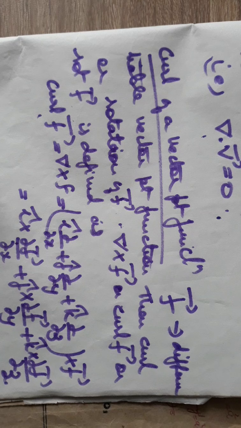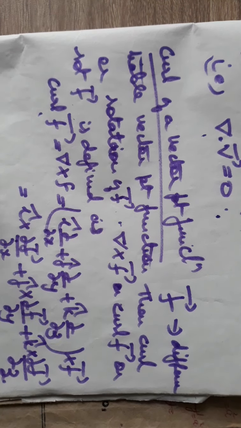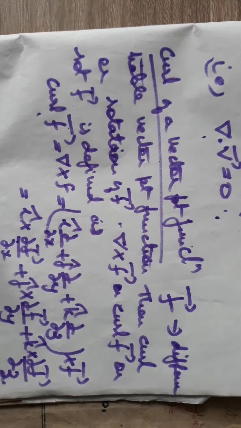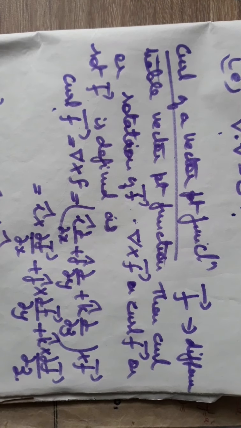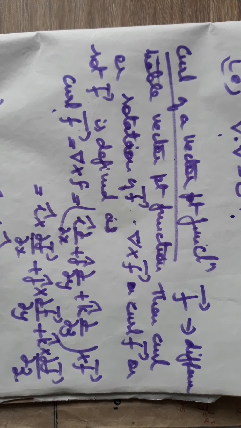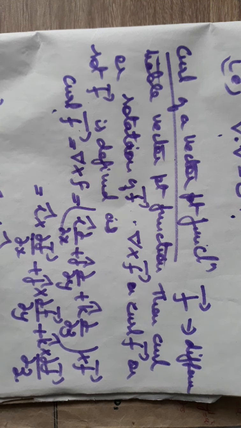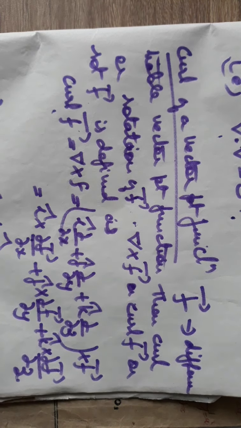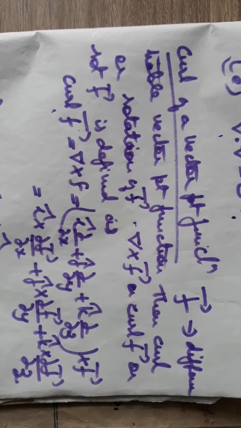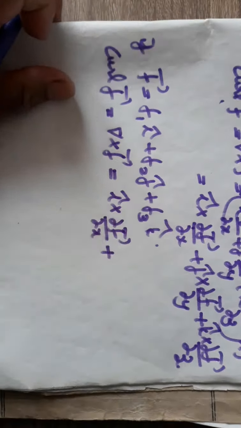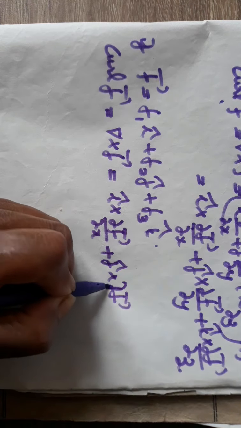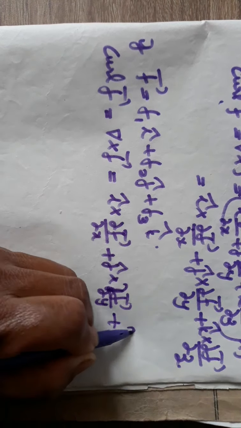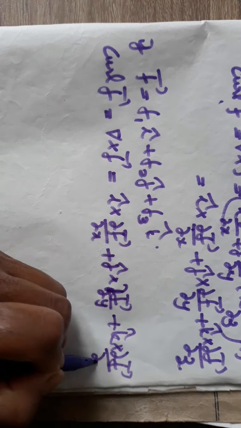So if f bar is equal to f1 i plus f2 j plus f3 k cap, then curl of f bar is defined as del cross f, which is equal to i cross del f bar/del x plus j cross del f bar/del y plus k cross del f bar/del z.